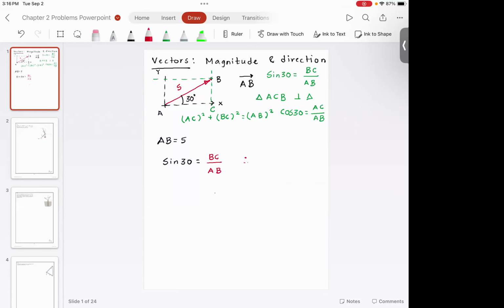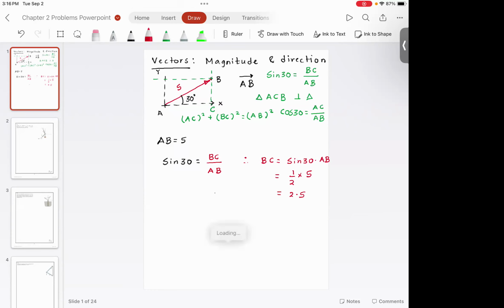Thus, BC is equal to sine 30 times AB. Sine 30, as you know, is 1/2. AB is 5, so BC is 2.5.